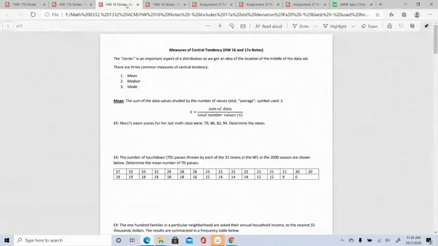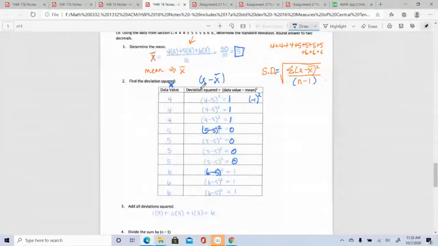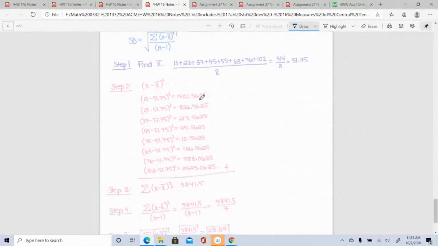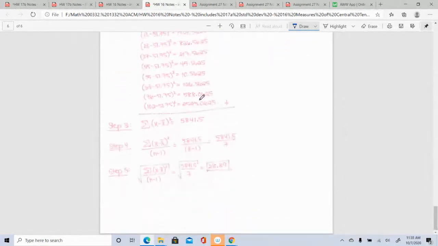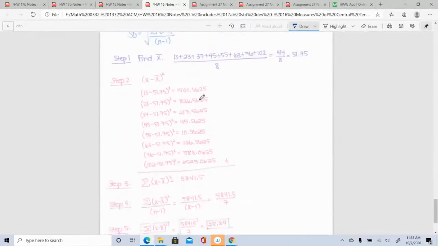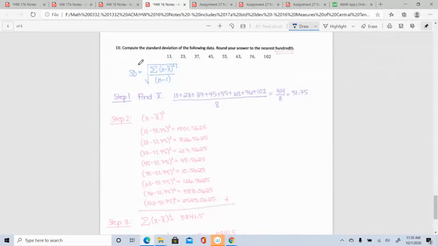If I could quickly go back over here, look at this last example too, which is broken down for you as well. You're using that formula. You're going to find your mean first, and then take each value they give you, 13, 23, 37, and so on, and subtract the mean from it.